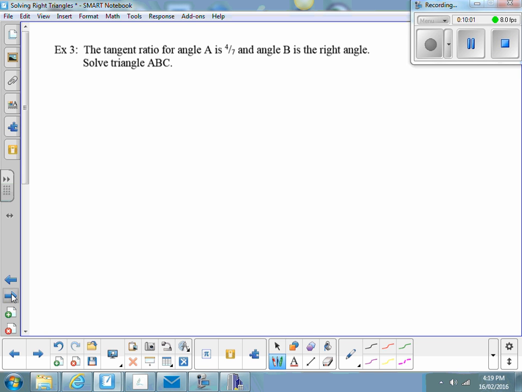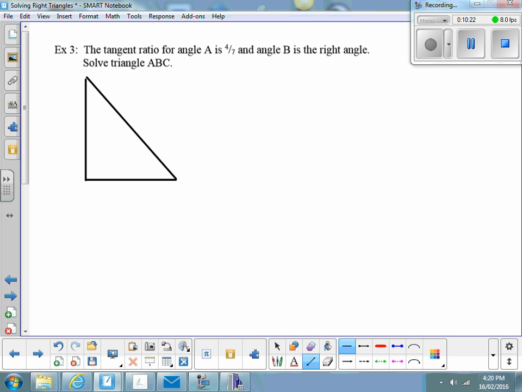All right, last example here. So the tangent ratio for angle A is 4/7, and angle B is the right angle. So this is some odd information we have here. So let's plug in our information here.